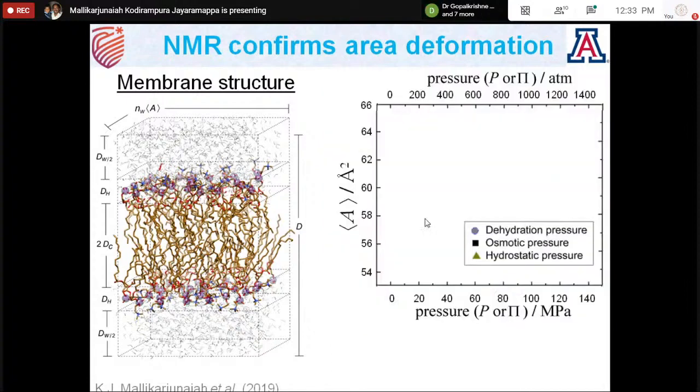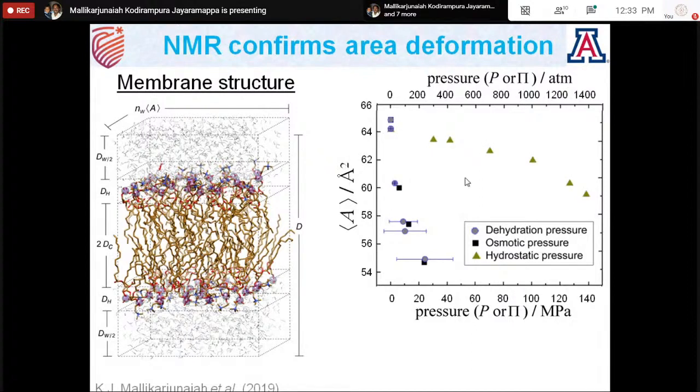And if I quantify how much pressure I am applying to the system, plotting pressure along the y-axis, and we already discussed that we can measure the cross-sectional area of the given lipid, then if I plot it as a function of pressure, we get these kinds of pictures.